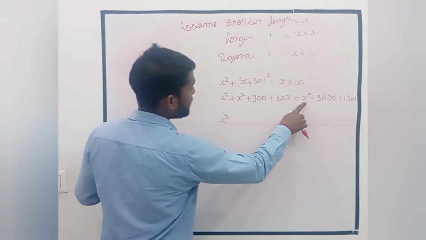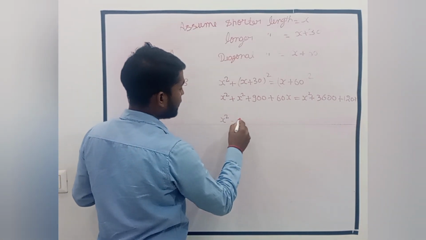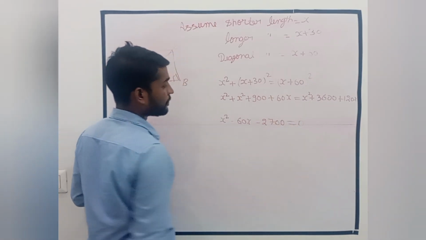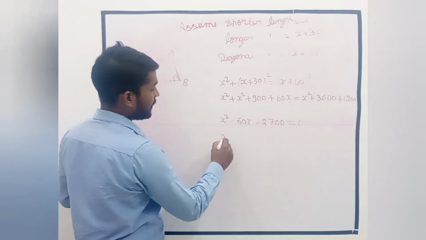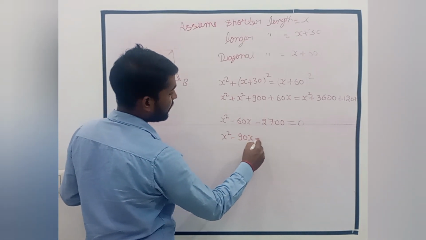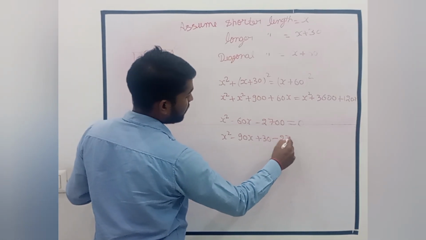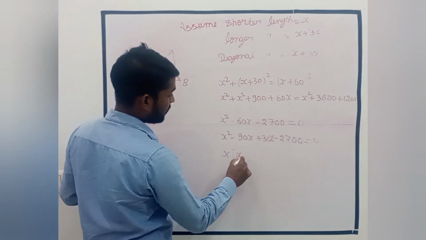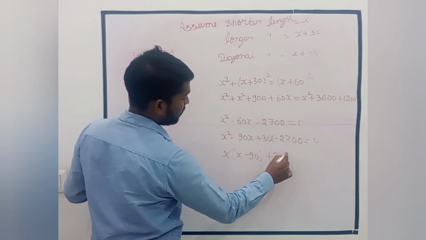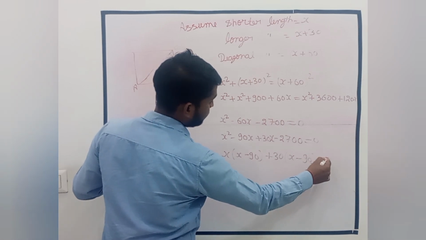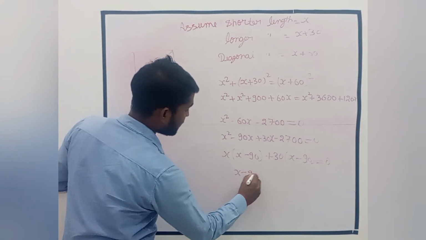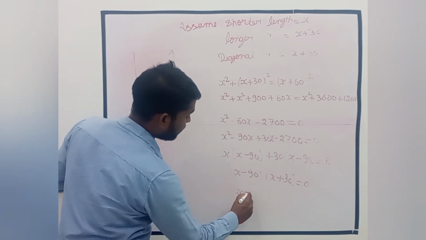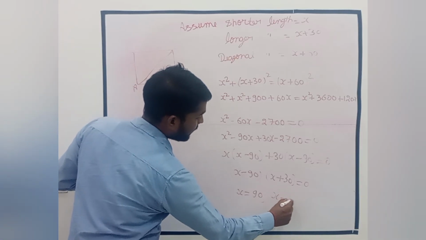This will become 2x square minus this, and this is 60, and this is 60, and this will be minus 60x, and shift it to this side, and this is minus 2700, and we factor this, and this will become x minus 90 and x plus 30. From here we conclude the value of x is 90, the value of x is minus 30.